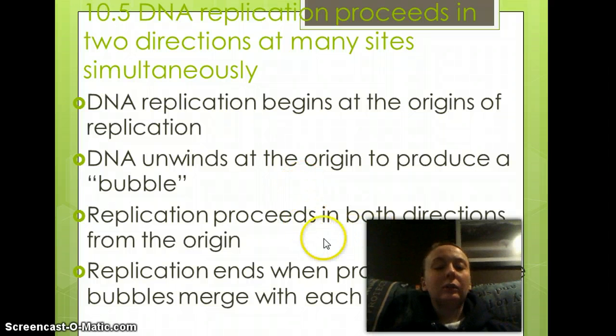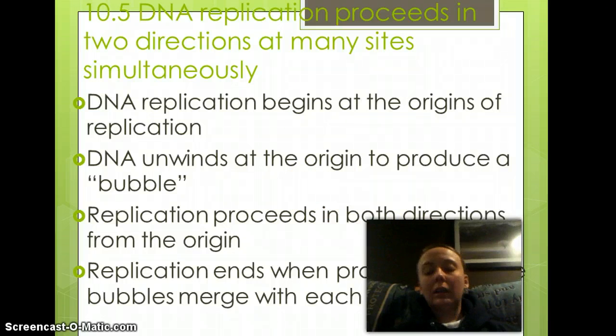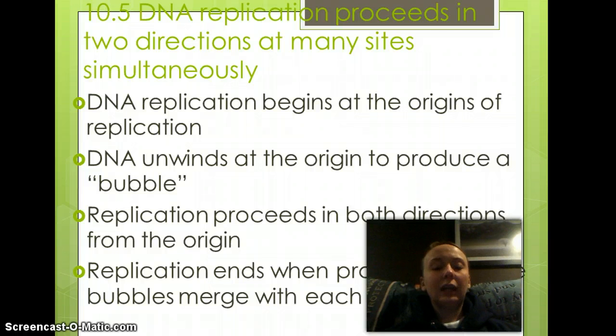This replication is going to proceed in both directions, to the right and to the left, because we want to do it as fast as possible. We want to replicate our DNA fairly quickly. So when you get a cut, it heals extremely fast. Replication ends when the products from those bubbles come together. When those bubbles merge, that's when our replication stops and our new DNA is formed.